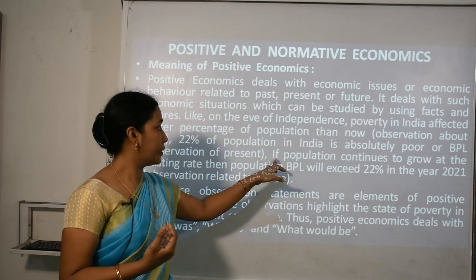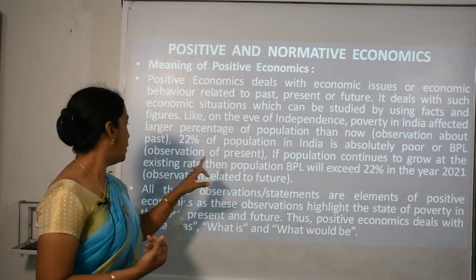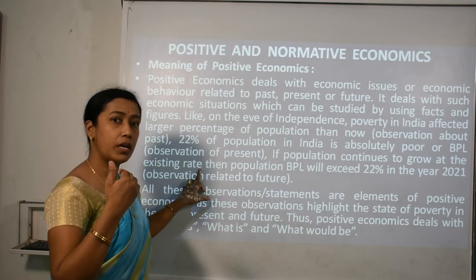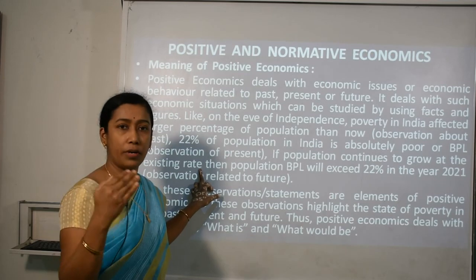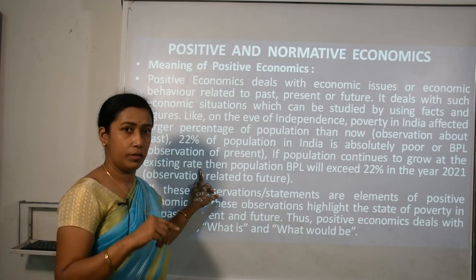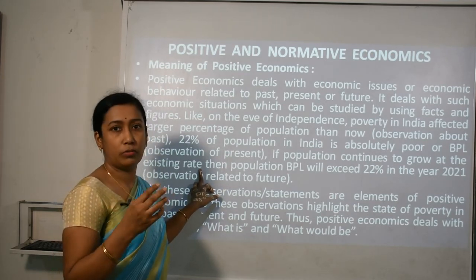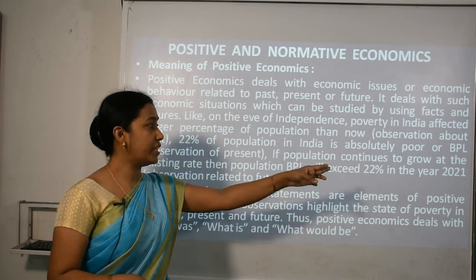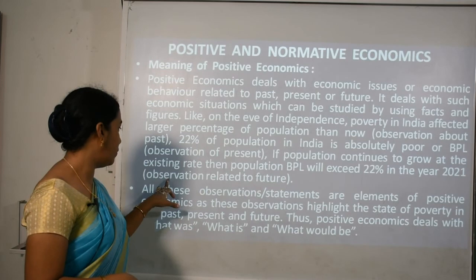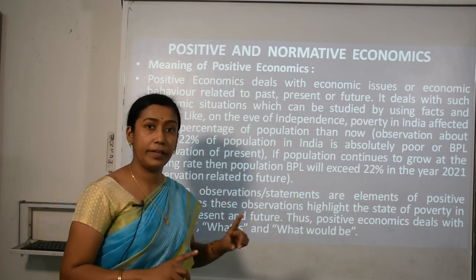Then future: if population continues to grow at the existing rate, that means we are assuming that if in the same way population keeps on increasing in future till 2021 or 2022, then what will happen? It will exceed 22% in the year 2021, which is an observation related to future.